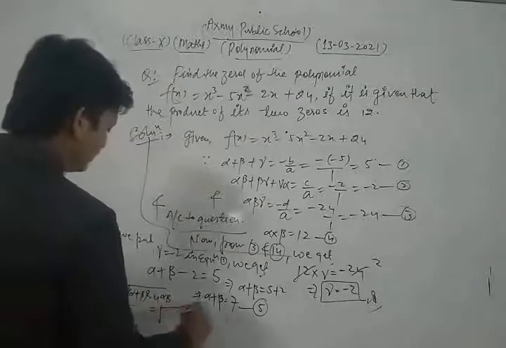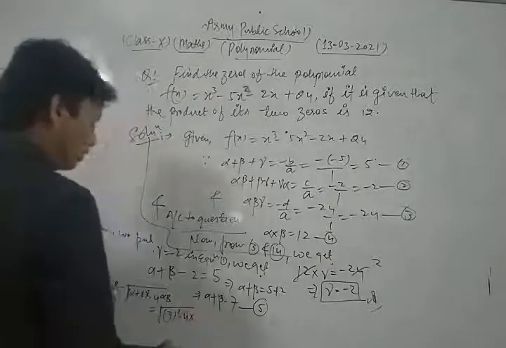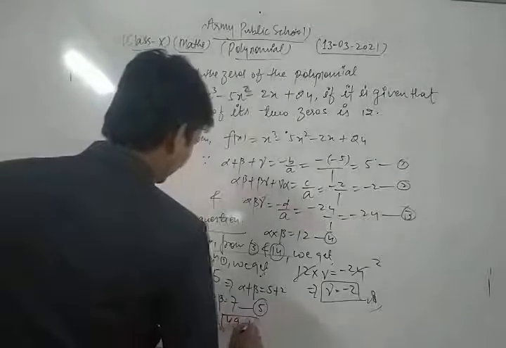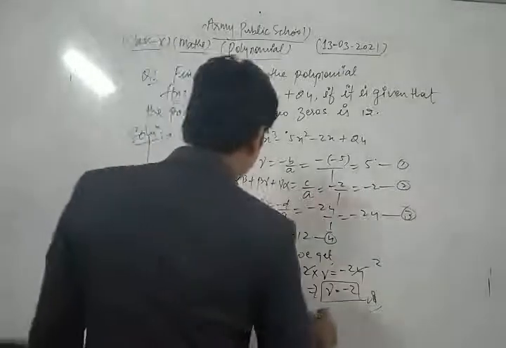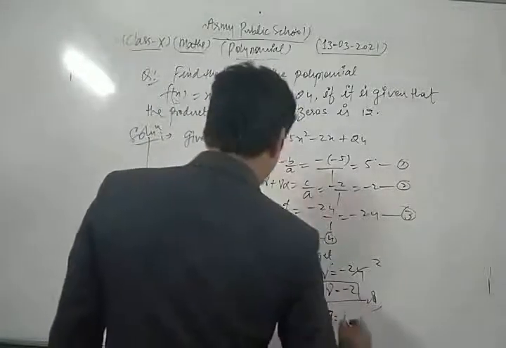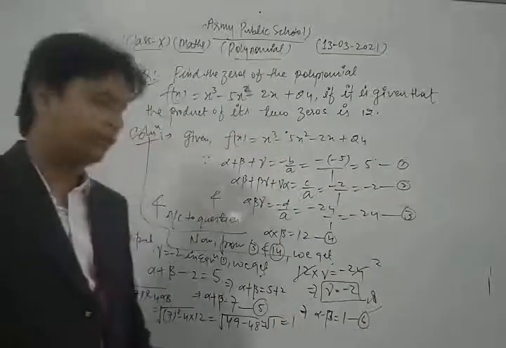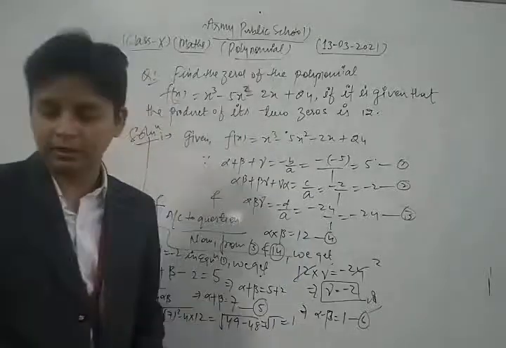So here we put alpha plus beta as 7 square minus 4 into alpha beta, which is 12. So we get 49 minus 48, that is 1. So we also have a relation: alpha minus beta is equal to 1. Take equation number 6. Now, dear students, solving equations 5 and 6, we get the values of alpha and beta.